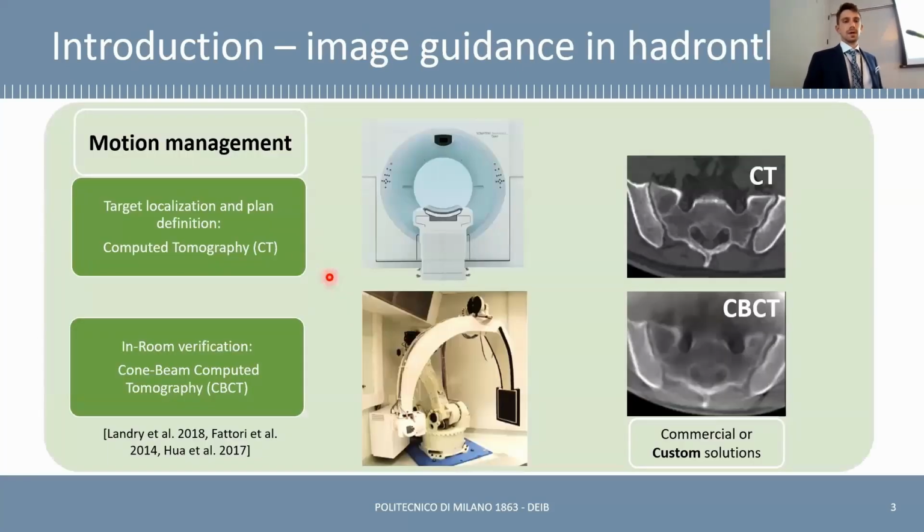So usually to deal with uncertainties, you of course need a planning CT on which you draw contours, the beam direction and the dose map. But this is not enough. Of course, you need an in-room verification system. Often this is a cone beam computed tomography image acquired with a scanner that is placed inside the treatment bunker.